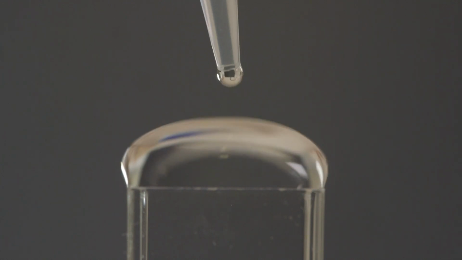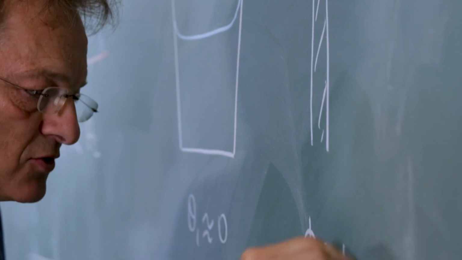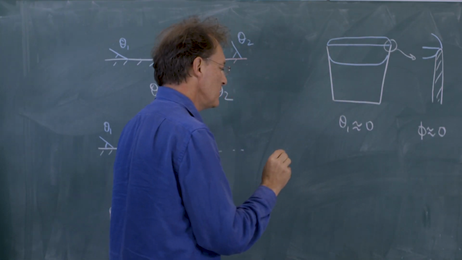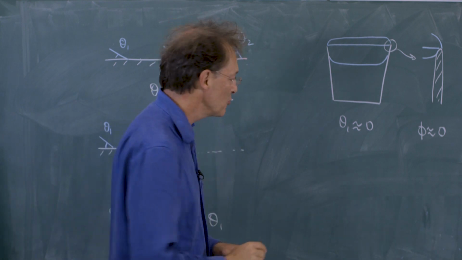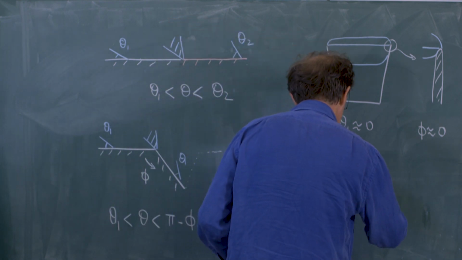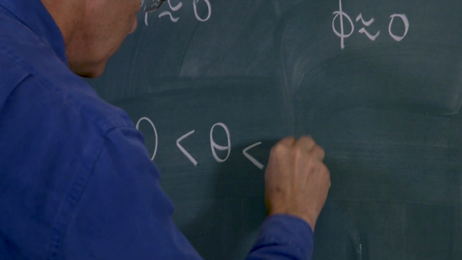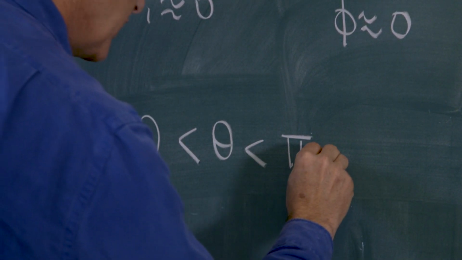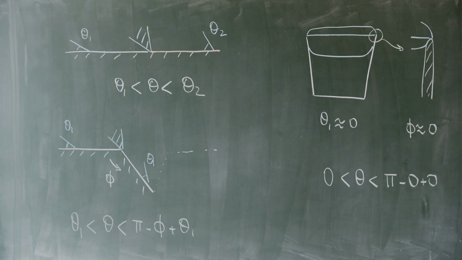And this is exactly what is predicted by my formula, because in this case phi is 0, and our formula indeed predicts a very large interval of possible angles at the top of the glass, because angle can vary between 0 and pi minus phi, which is 0, plus theta 1, which is 0, which is pi.